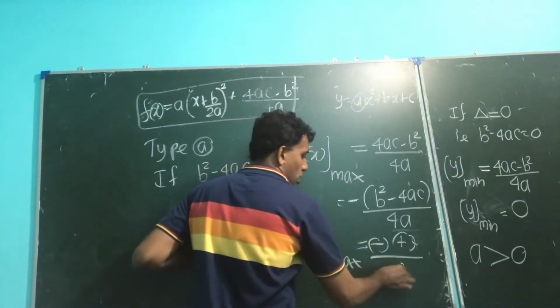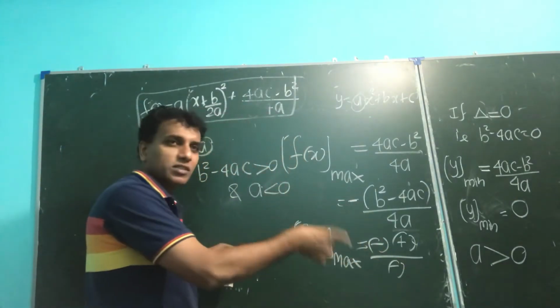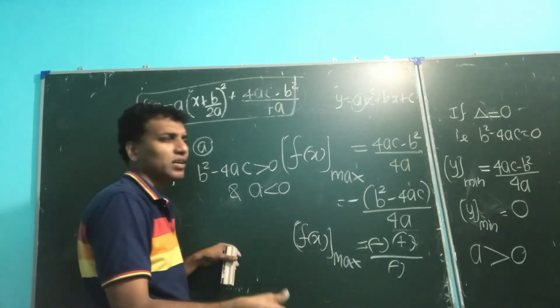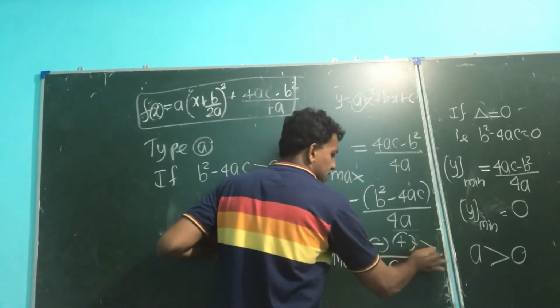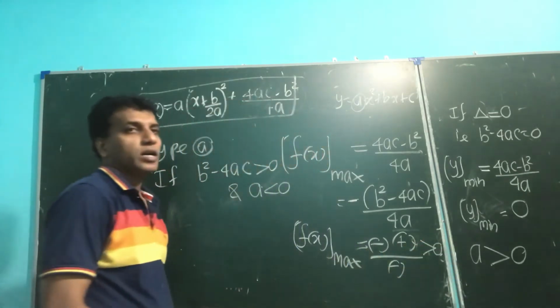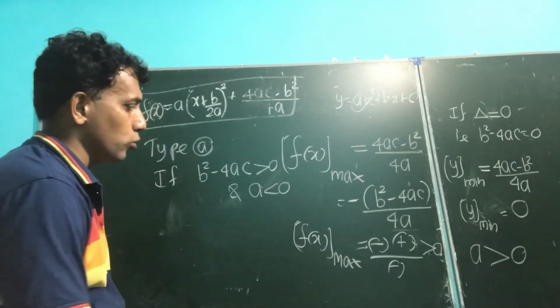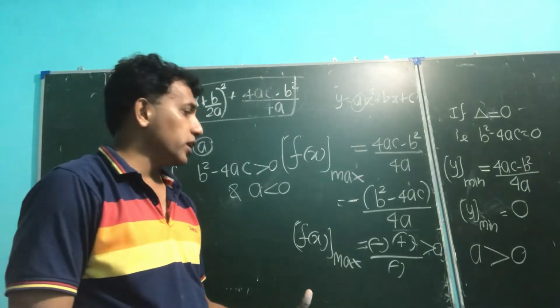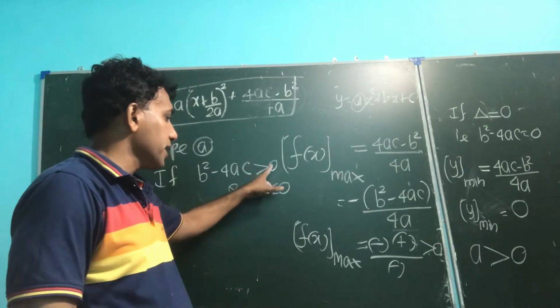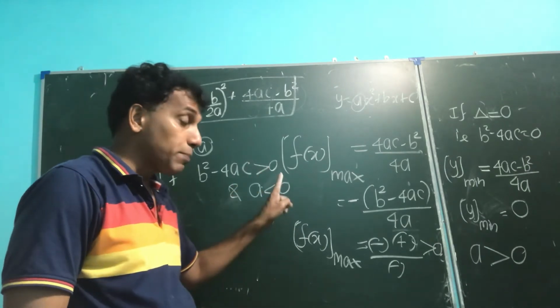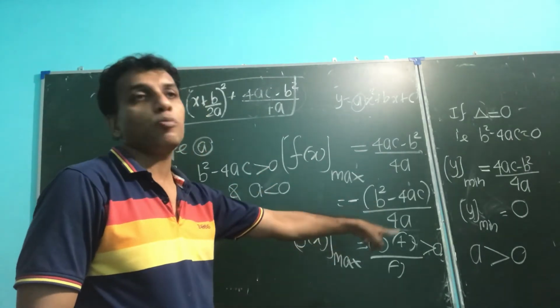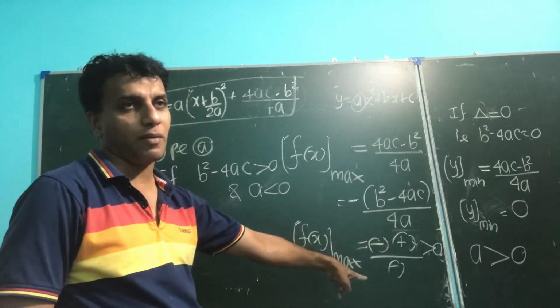Negative. Therefore minus into plus, and below also minus, never mind the symbol, it is positive, right? Greater than 0. So what do you mean therefore here? Delta greater than 0. There's a maximum, a positive maximum, right?